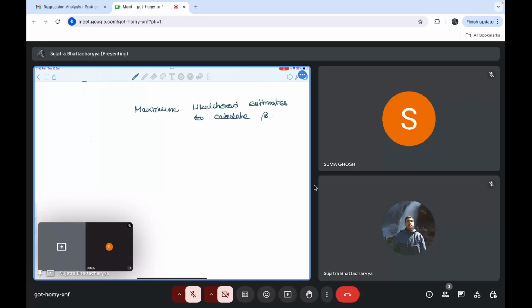For that, the likelihood function has to be made, which is the exponential function we generally write. For the binomial case, this is summation yi log of p upon 1 minus p, plus summation ai log of 1 minus pi, plus summation log of ai.